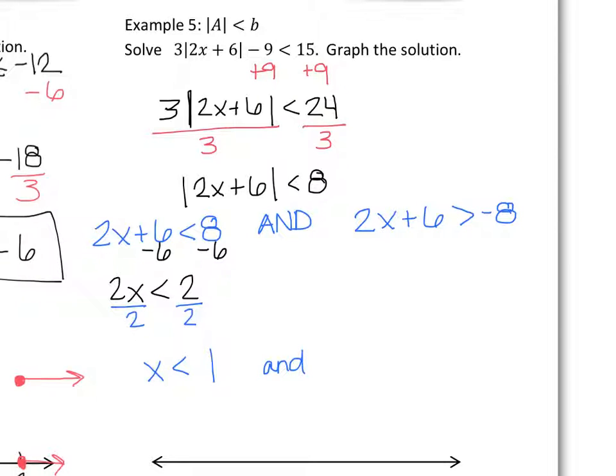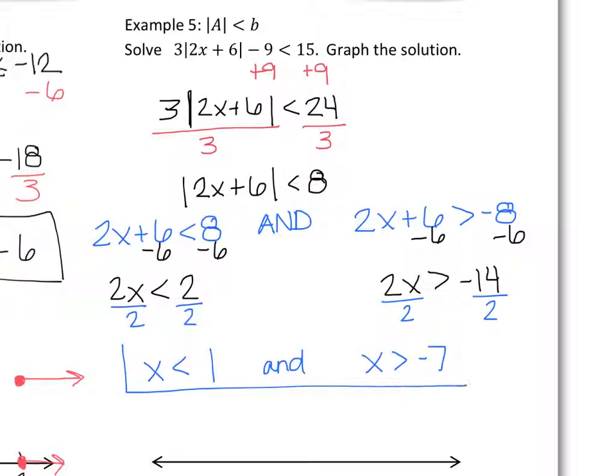And the other side, subtract 6 from both. 2x is greater than negative 14. Divide by 2. Divide by 2. X is greater than negative 7. So there's the first part of our answer.